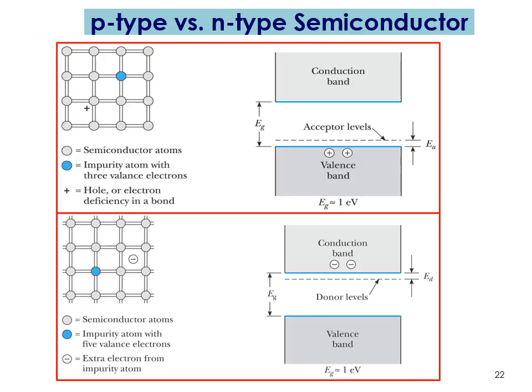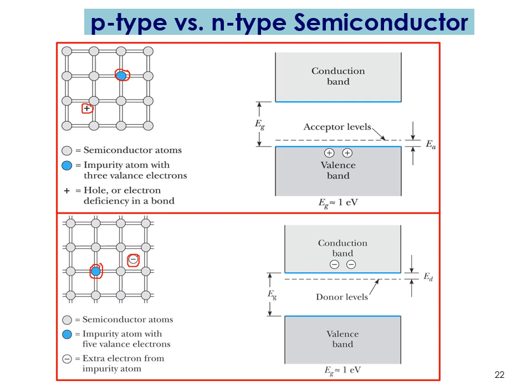P-type versus N-type semiconductor. There are a few differences between the P-type and N-type semiconductor. For P-type semiconductor, the doping element has a missing electron, or a hole, in here, compared to the N-type, where the doping element has an extra electron in here.